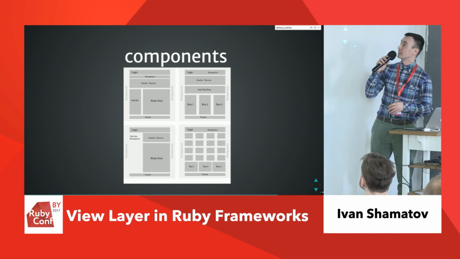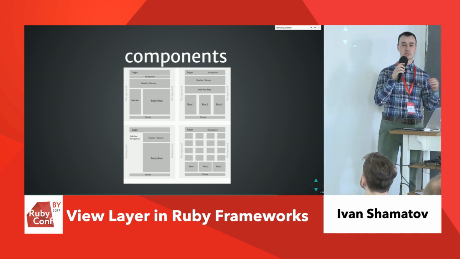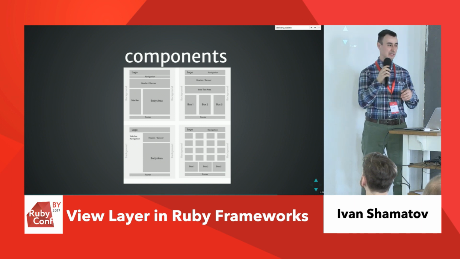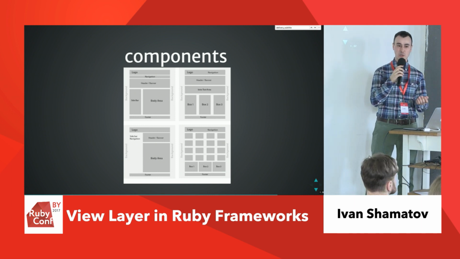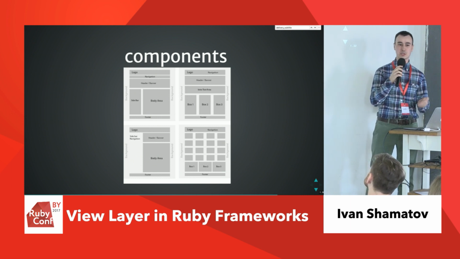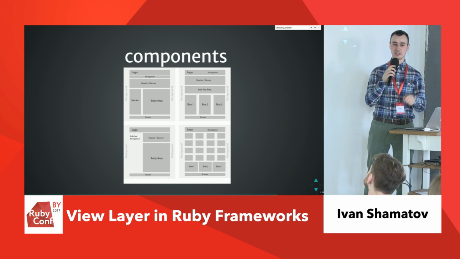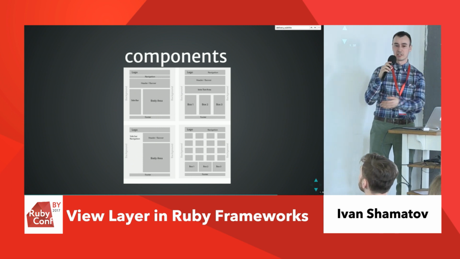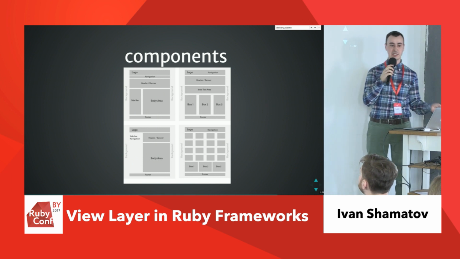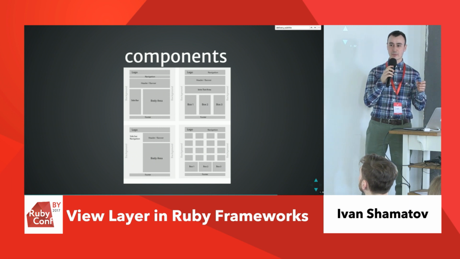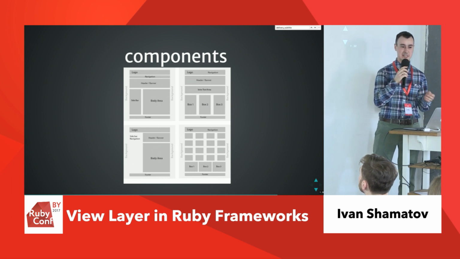For example, I have a header with some menus inside, and those menus are not controller specific. We're taking some data from the database inside the component and rendering, for example, navigation or a menu sidebar, and your layout is like a composition of cells.